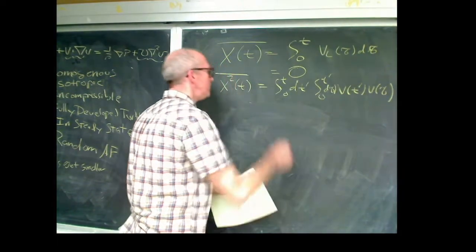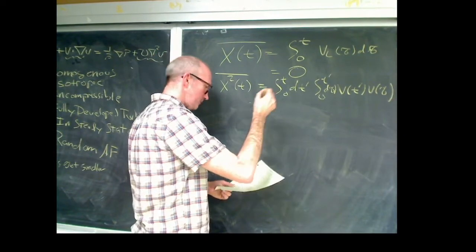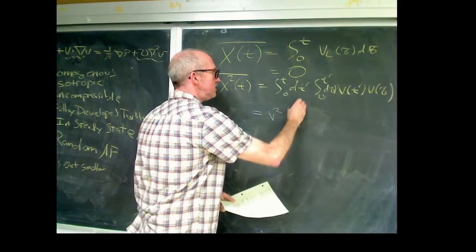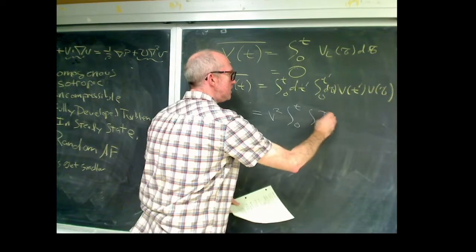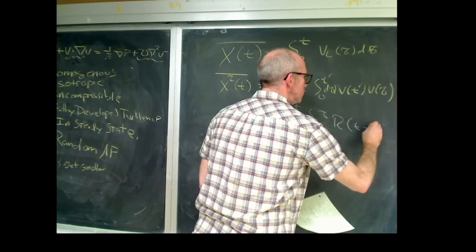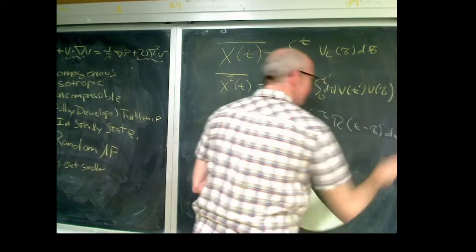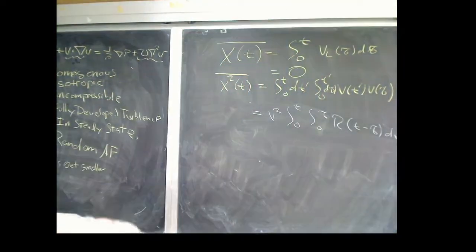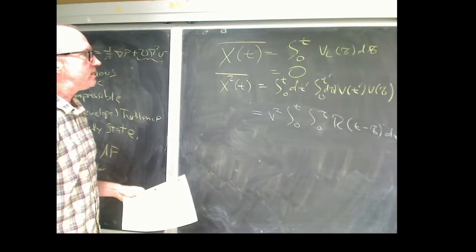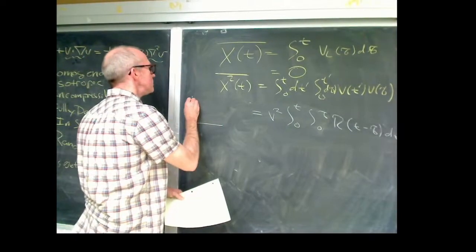So R is 1 at 0 lag. So this is equal to then v squared times the integral of R of t d tau. So, what does R of t look like? R of t looks like this.